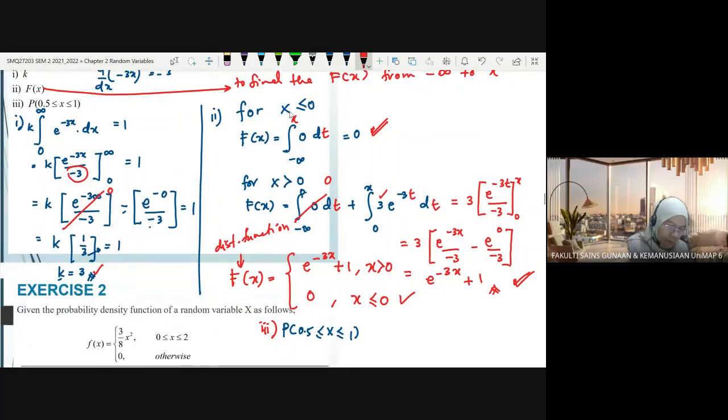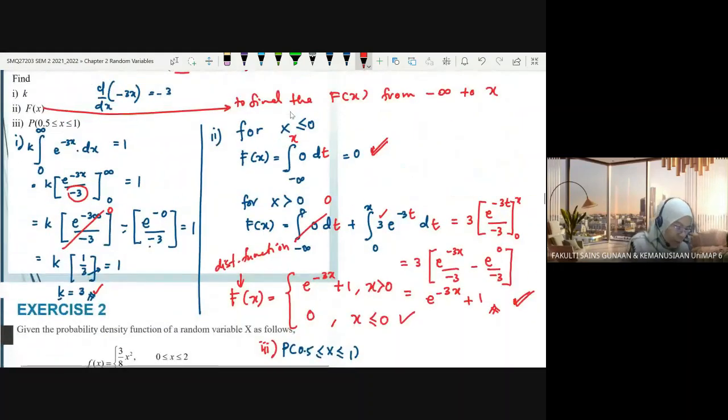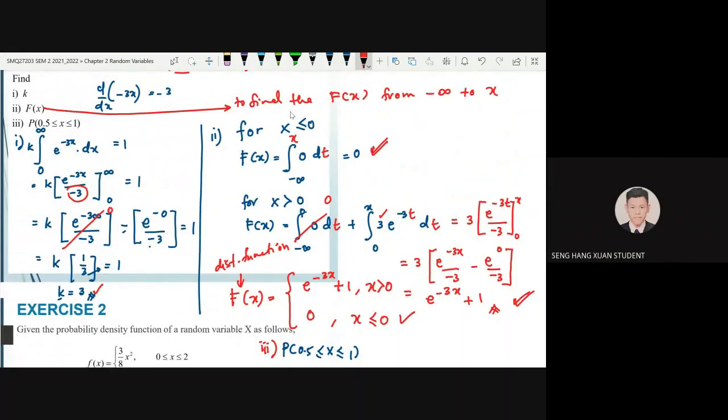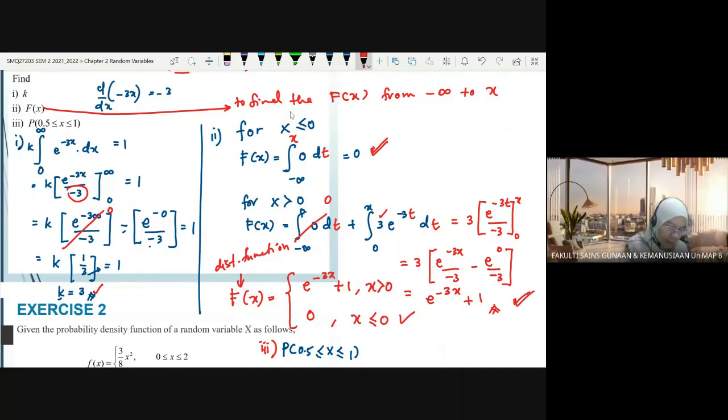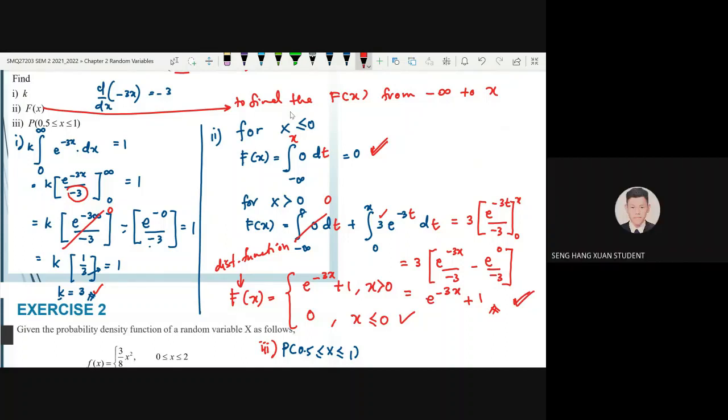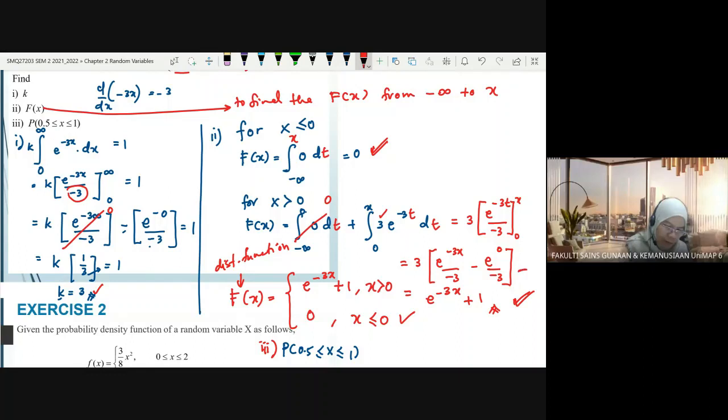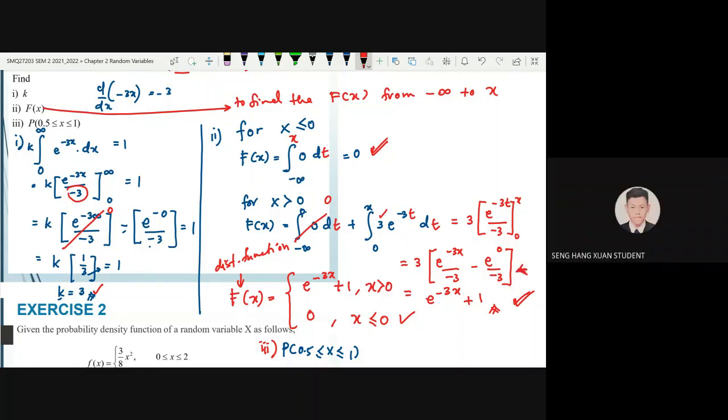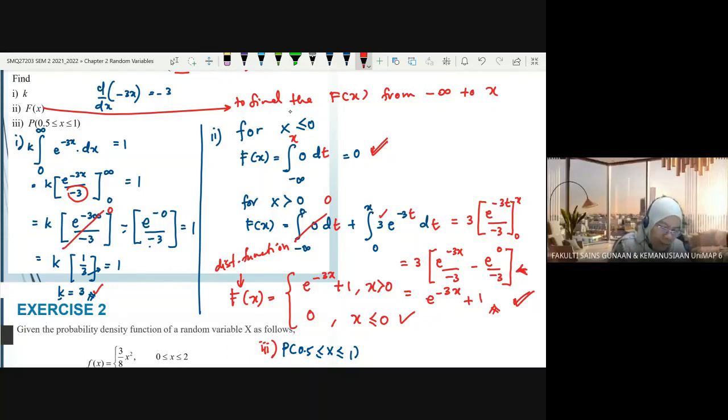Number 2 Roman. The red line. Is it this one? Is it okay to have negative before the exponential? No negative here because I have already taken the negative for 3 here. I already took the negative.